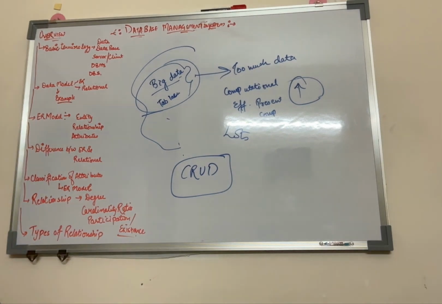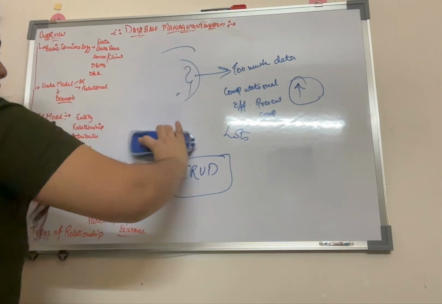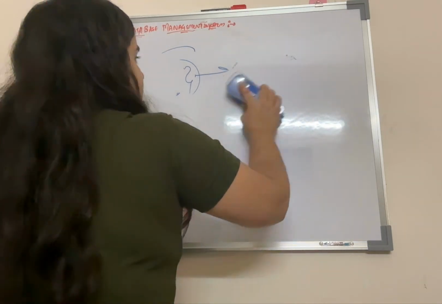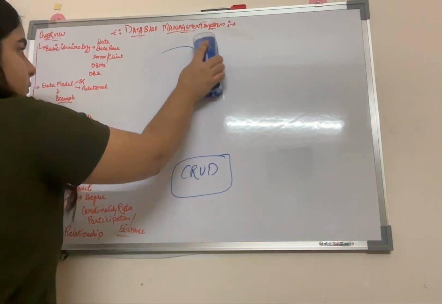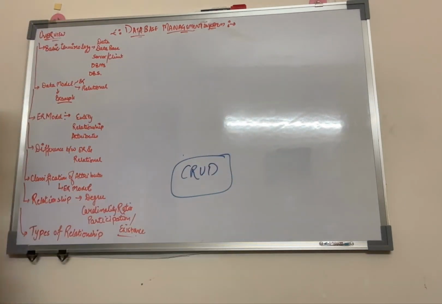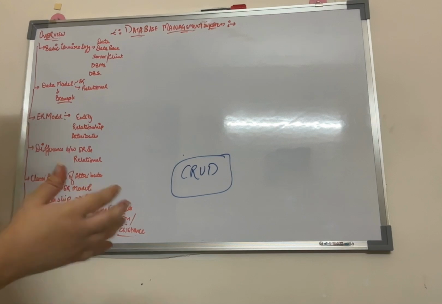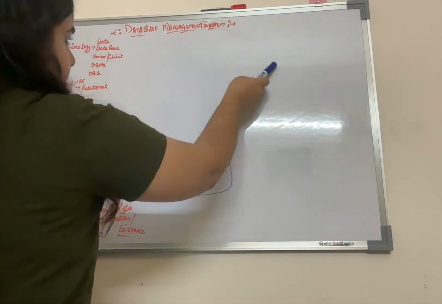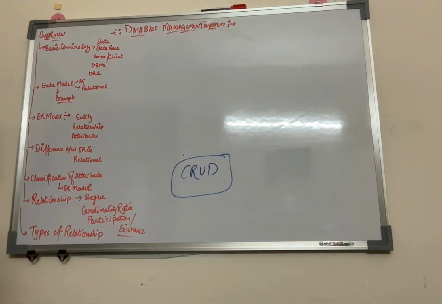CRUD means create the database, then read from the database, update the database and delete from the database. You need to know how to manage the database system and then do the operations. That's why we need a database management system, to deal with the too much data that is available nowadays.